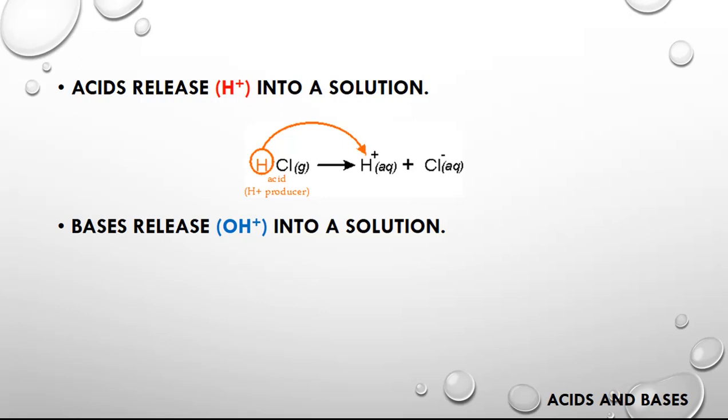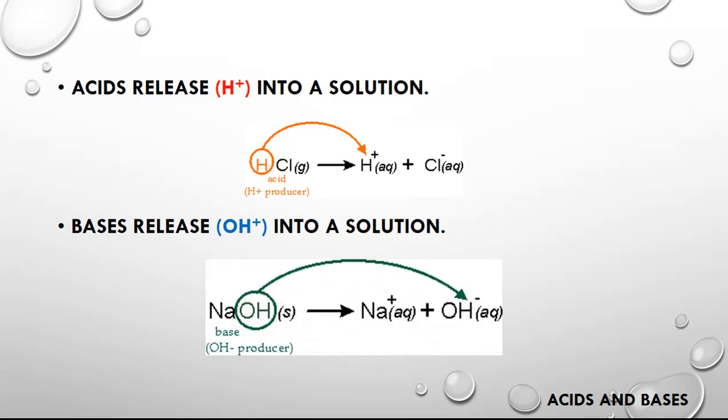And bases, on the other hand, release a hydroxide ion into a solution. An example of its formula is given by that equation there. Sodium hydroxide, when dissolved in water, breaks up into a sodium ion and a hydroxide ion.